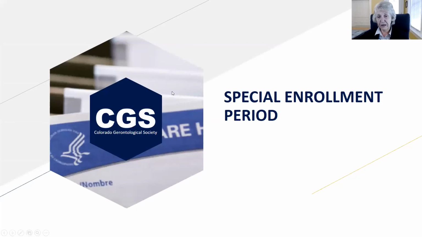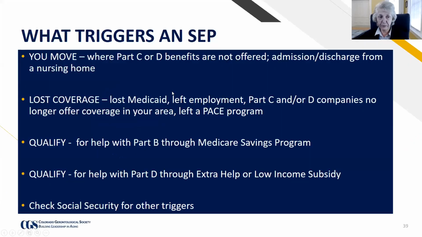So let's spend a few minutes talking about the special enrollment period and what triggers a special enrollment period, or an SEP. One is that you move and your Part C benefits do not follow you. You also could be admitted to or discharged from a nursing home.